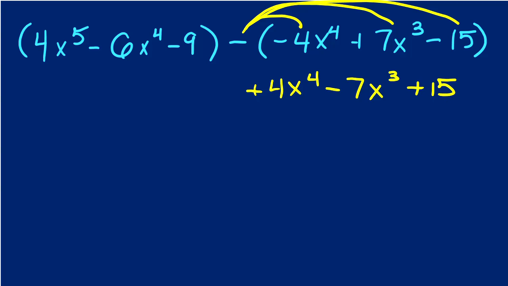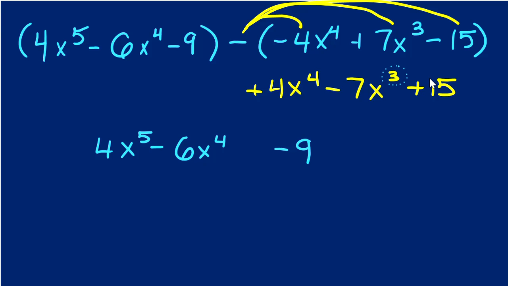Okay, we'll go ahead and start rewriting our first polynomial, 4x to the fifth minus 6x to the fourth minus 9. I'm leaving a little space here because there might be some other terms we need to fit in here along the way. As I kind of look ahead, I see that there's a term that has an exponent of 3.